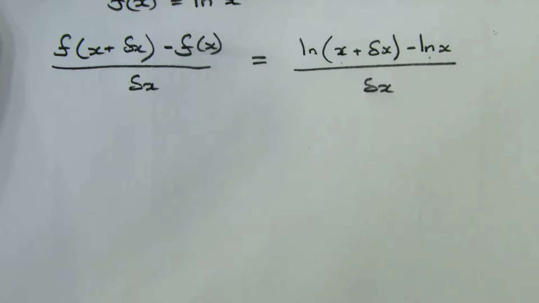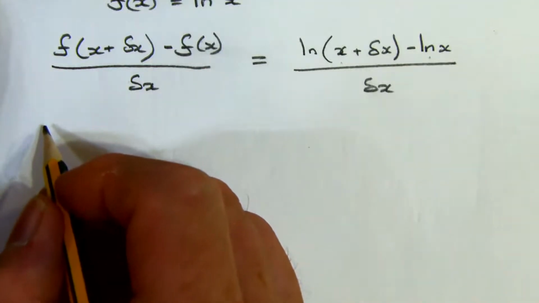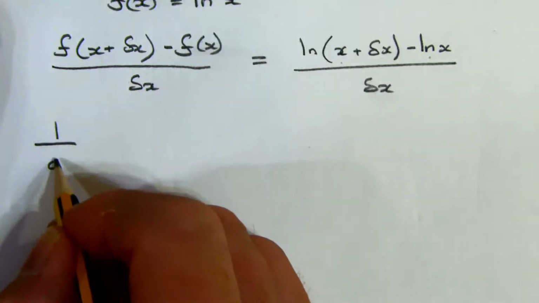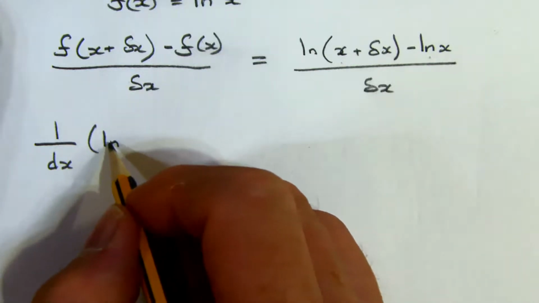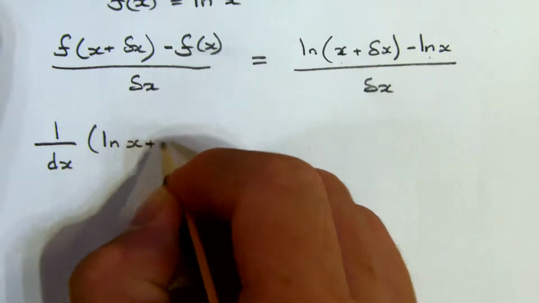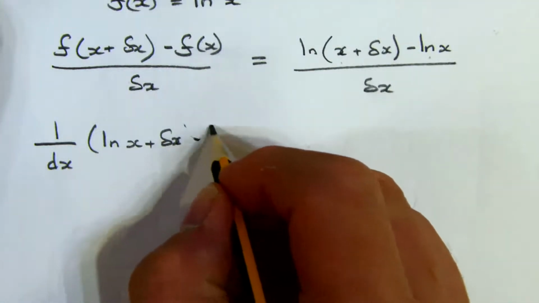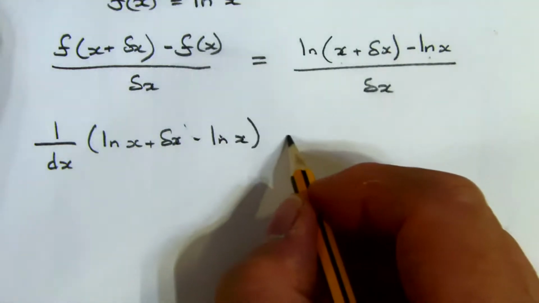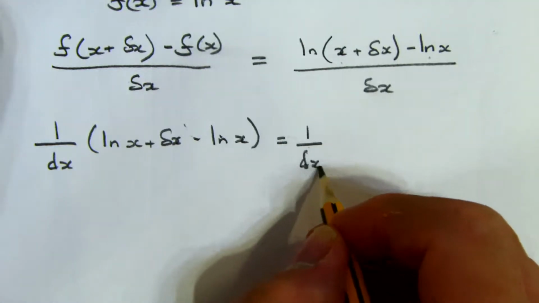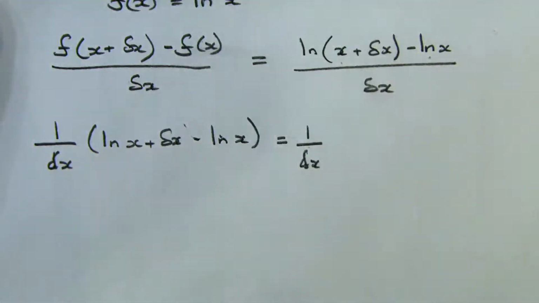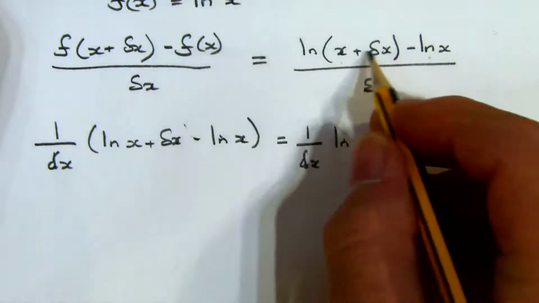So if I just look at the right hand of the equation, we're going to say that 1 over delta x of ln (x plus delta x) minus ln x, I could write that as 1 over delta x of the ln of 1 over the other one.